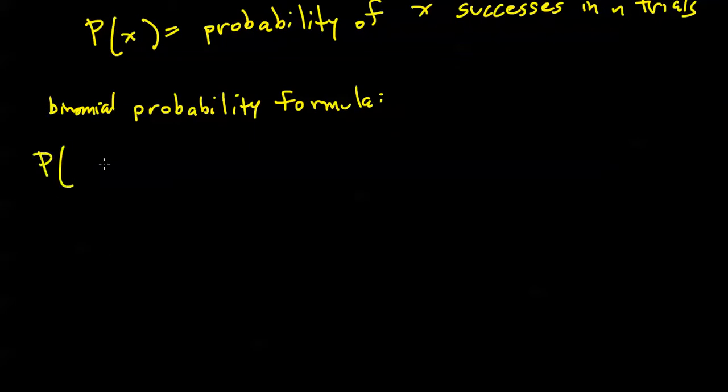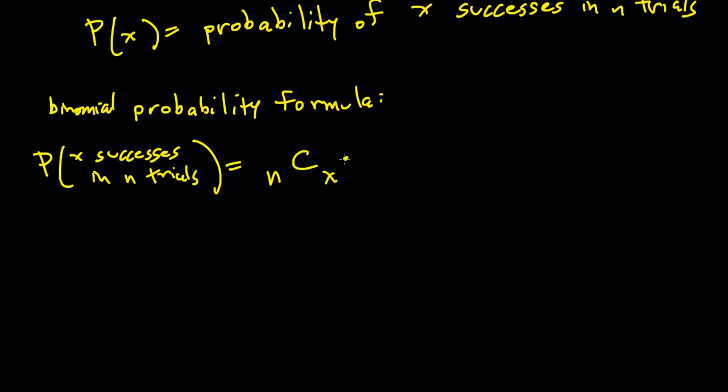I claim the probability of x successes in n trials is n choose x times p to the x times q to the n minus x.